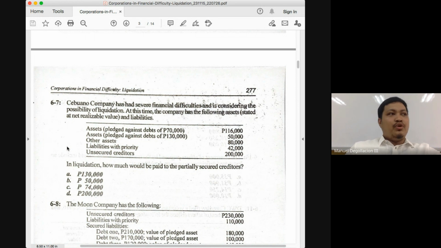But again, this will be your favorite topic, class, because even if you get the recovery rate wrong, you can still get two questions right: liabilities with priority and unsecured without, and fully secured creditors will get 100% as well. And that is why this is again the topic where you're supposed to pull up your grade.